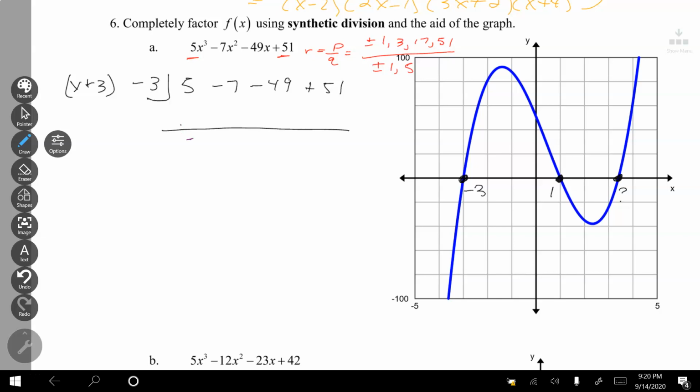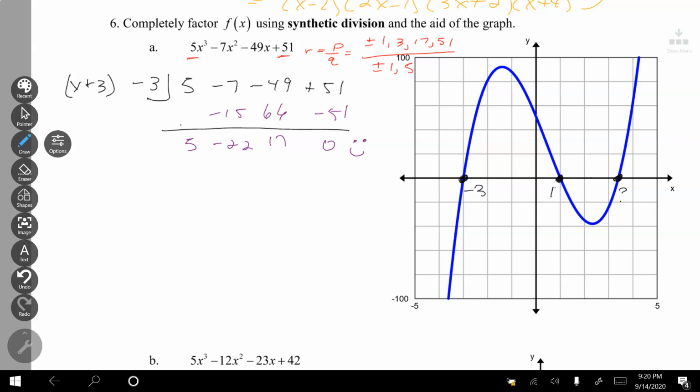I bring down my 5. I multiply, I get -15. I add, I get -22. I multiply, I get 66. I add, I get 17. I multiply, I get -51. And look at that, I get my 0. Okay? And that's what I want.